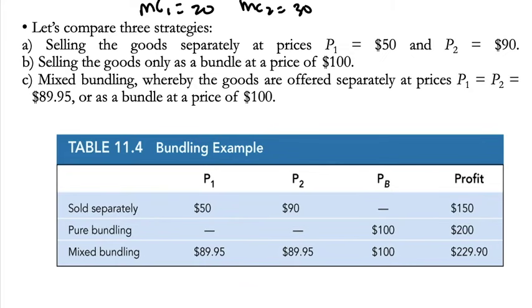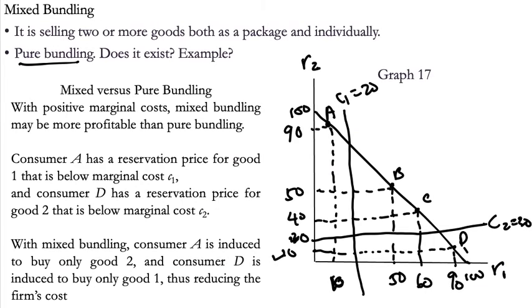If you go back to this, B, C, and D will purchase good 1 because their reservation price is very high, isn't it? 50, 60, 90. But consumer A, the reservation price for good 1 is very low, which is 10. He won't purchase good 1, okay? But he will purchase good 2.